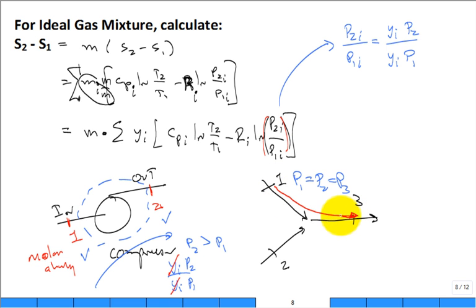Sorry about the syntax, maybe I should have called this 3 in that state too, but doing 1 to 3, the change in the entropy going from 1 to 3, I'll have this P3I divided by P1I, which is the mole fraction of I at the exit 3 times P3, and then the mole fraction at 1 times P1, and if they're just mixing at constant pressure, the pressures cancel, but not the Y's, because they changed.